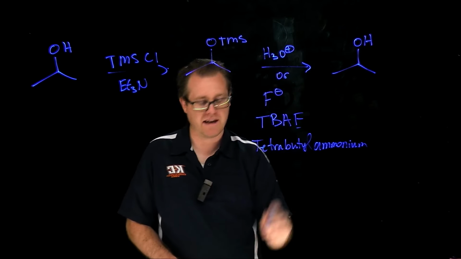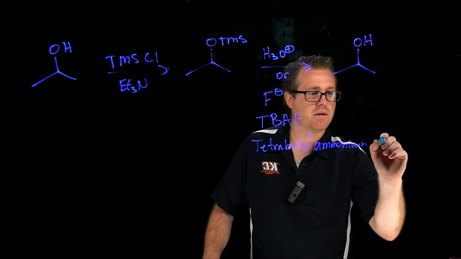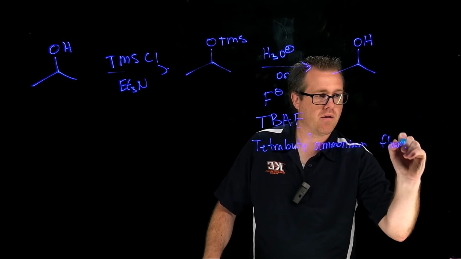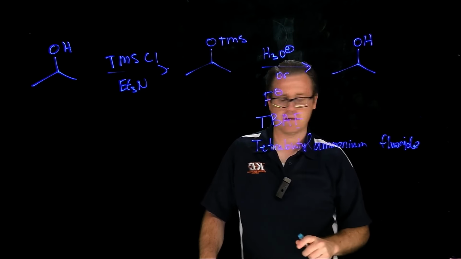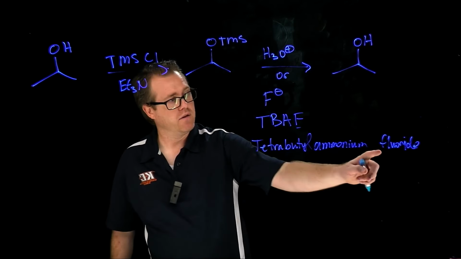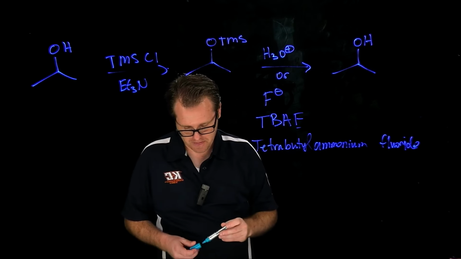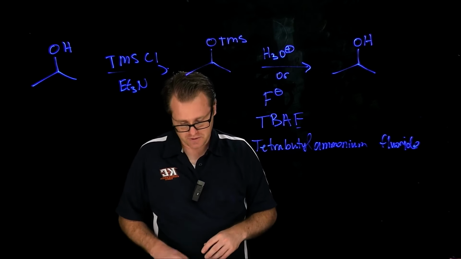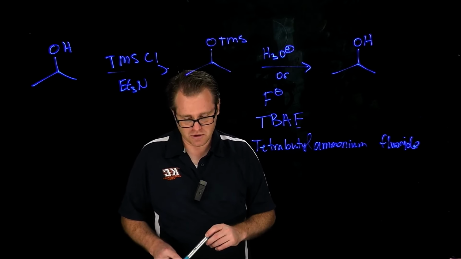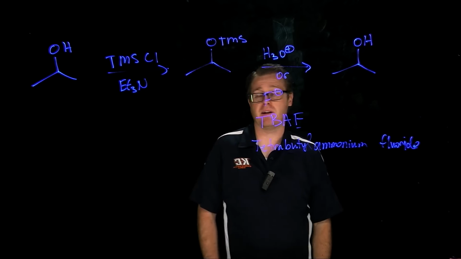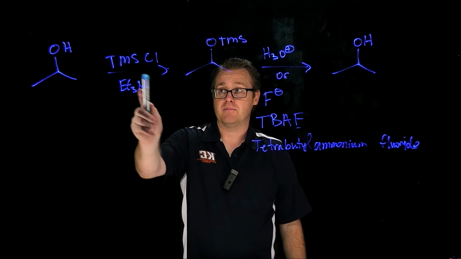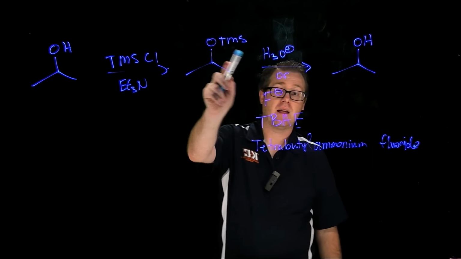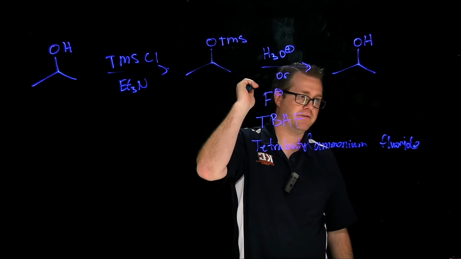And what do you think the F stands for? Fluoride. Okay. So those are the conditions that we need to remember. Trimethylsilyl chloride with some base puts it on, and TBAF takes it off.